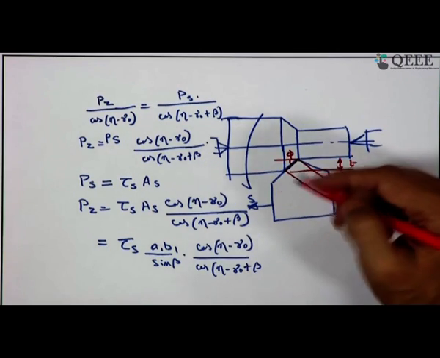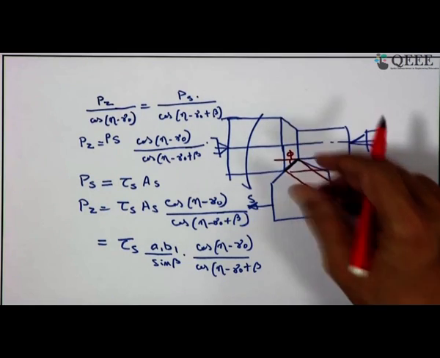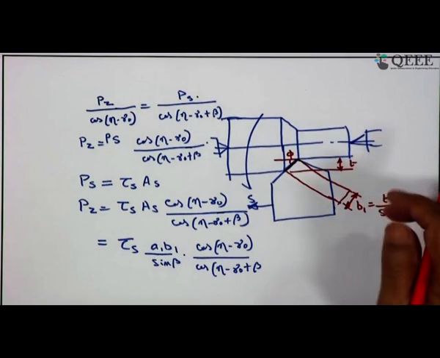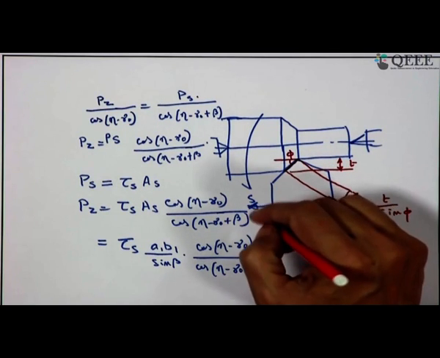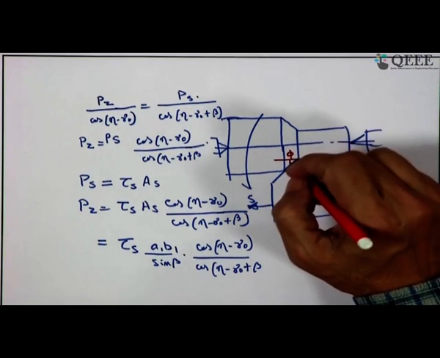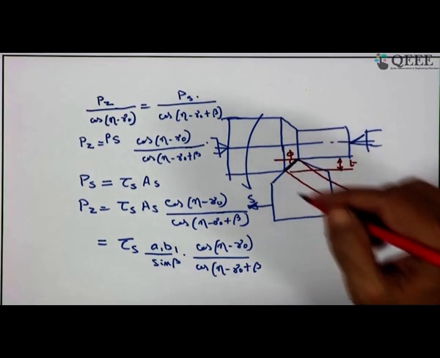In one revolution one ring will be deformed and it will come in the form of a chip, one revolution one ring. So, the component of S in the orthogonal direction you have to consider as the penetration of the cutting tool.